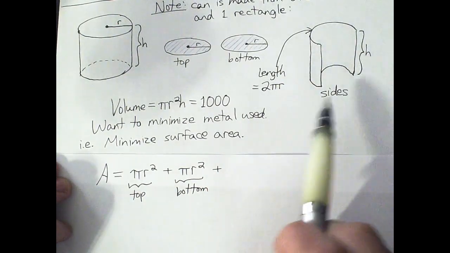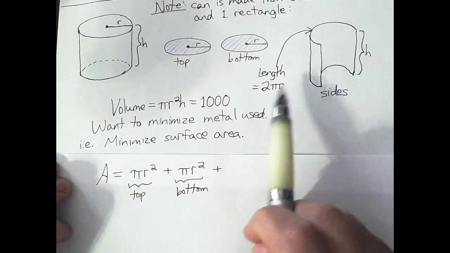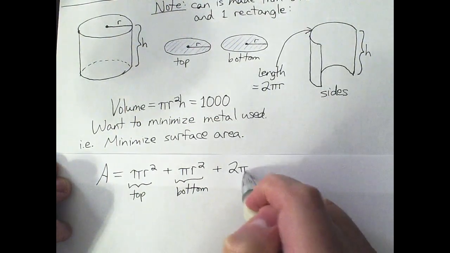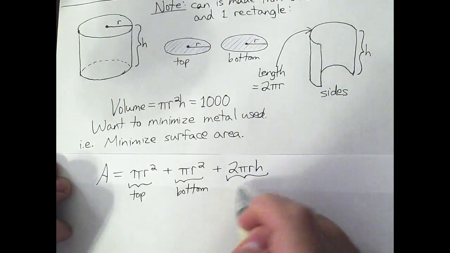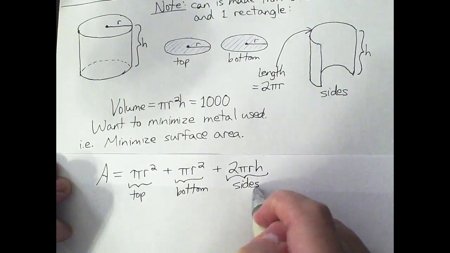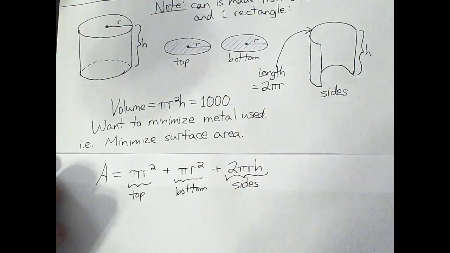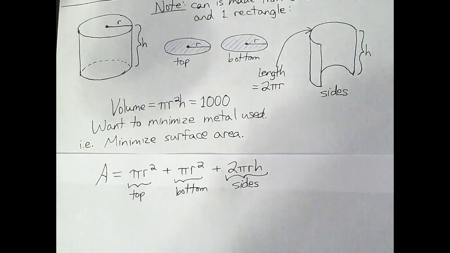This rectangle has dimensions h by 2 pi r, so 2 pi r h. We'll call that the sides of the can. And if you add up all of that, that would be the surface area of metal used on the outside of the can.